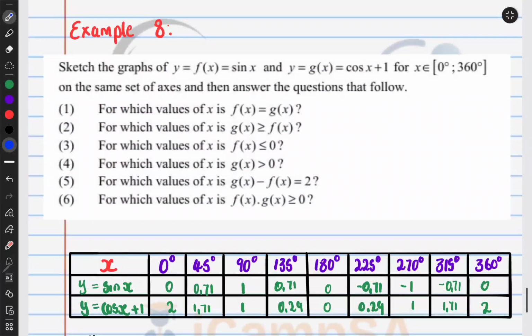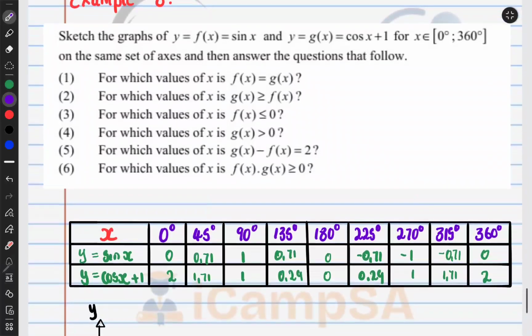Okay, for which values of x is f at x multiplied by g at x greater than or equal to 0. I usually like to do this when I encounter questions of products. It can only be greater than or equal to 0 when we have a positive value.